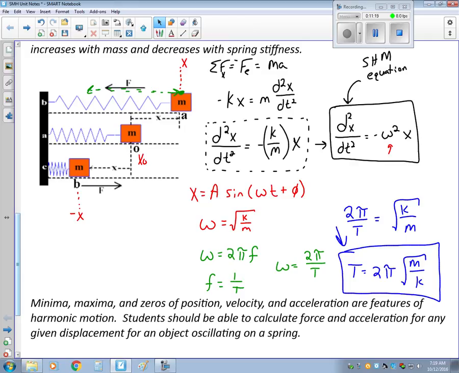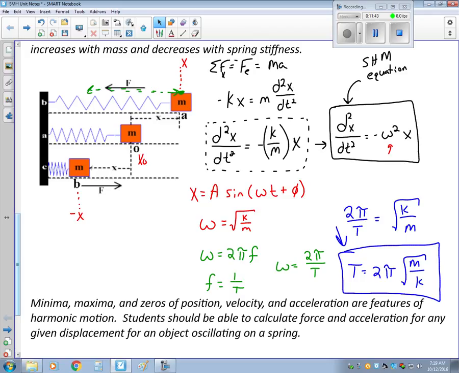So what else that also means is that on the ends we have potential energy, for this case elastic potential energy, and at the middle point we have kinetic energy. So if we take a look at conservation of energy, we can see that the elastic potential energy is becoming kinetic energy, which then becomes elastic potential energy, which then becomes kinetic energy, back to elastic potential, and just oscillates back and forth.